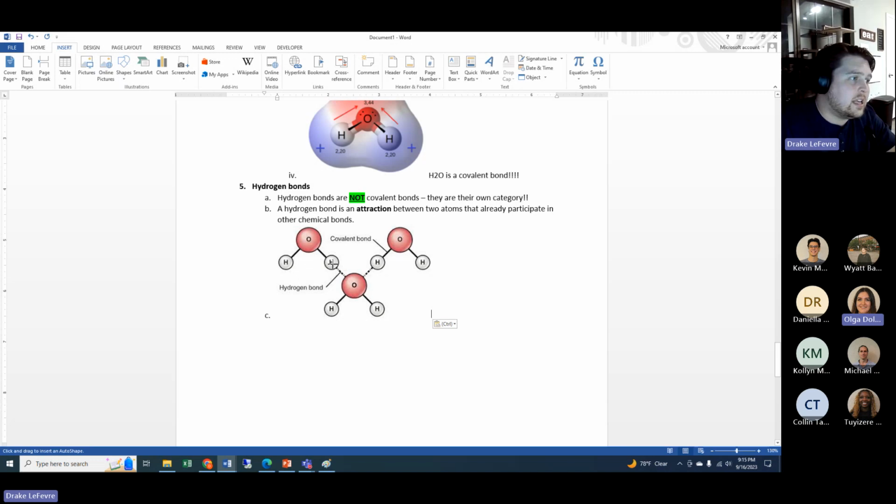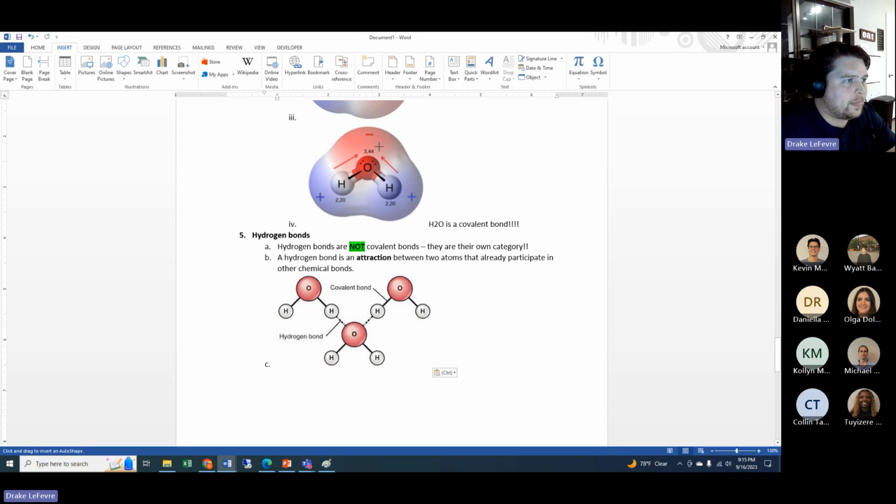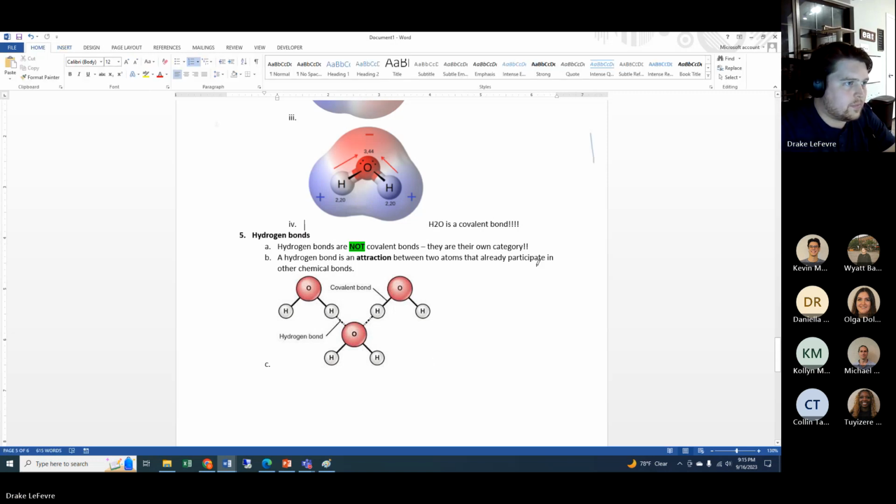Exactly. So if we look at these, we looked at an H2O molecule before, and we said that H2O is not only a covalent bond, but it is also a polar bond, right? So it is a polar covalent bond. We have all this negative up here. This whole part is more negative, and this part is more positive. And then we think, well, positives and negatives attract each other. So each of these oxygens is more negative, and the hydrogen part of this molecule is more positive.